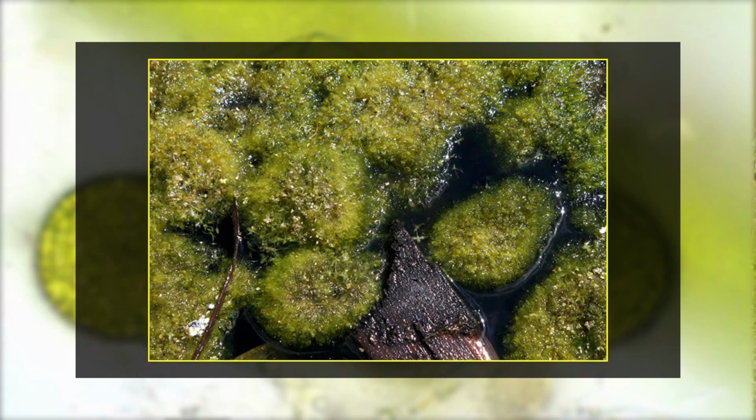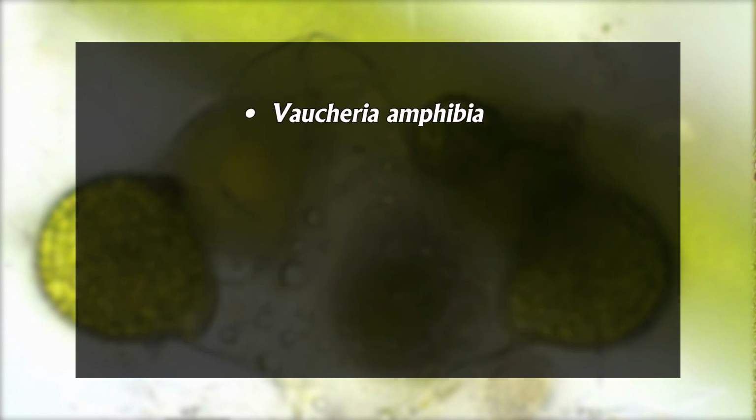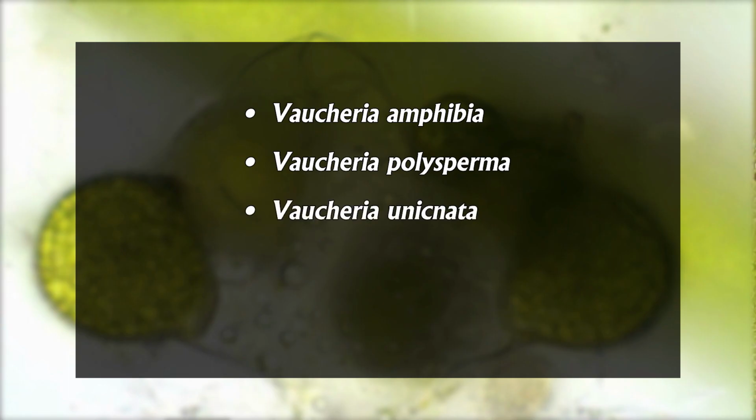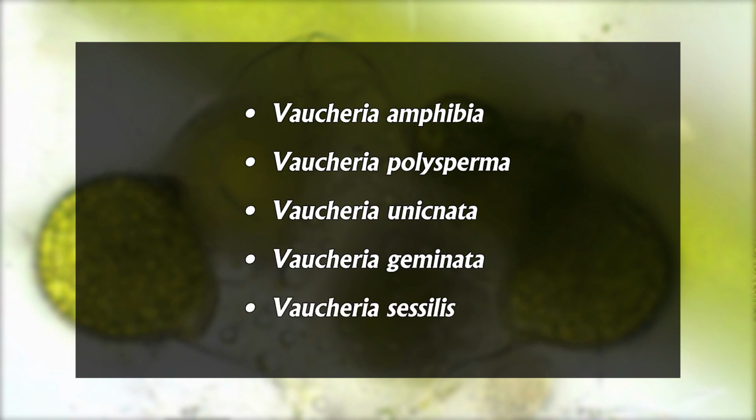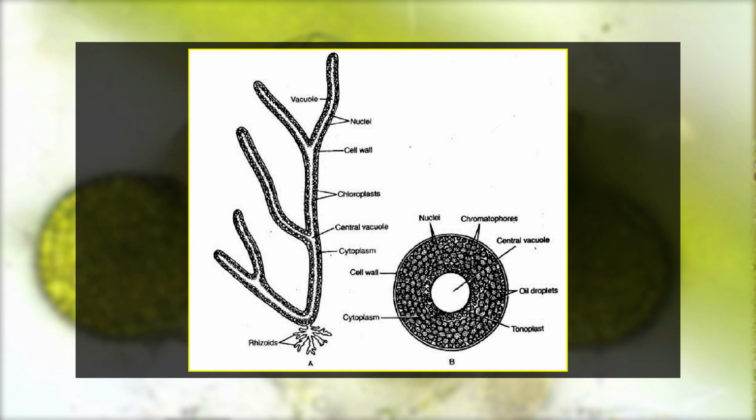Vaucheria jonesii is found on the snow-covered surfaces. About 25 species of this genus Vaucheria are seen in India, which include Vaucheria amphibia, Vaucheria polysperma, Vaucheria uncinata, Vaucheria geminata, and Vaucheria sessilis.